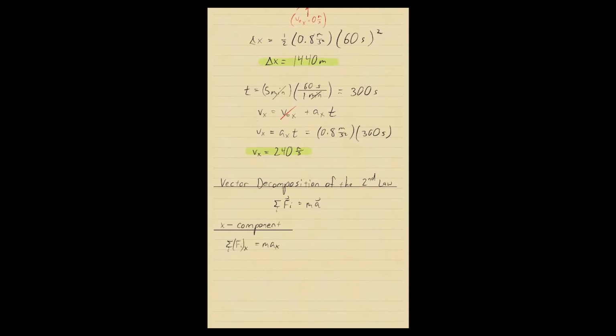On the left-hand side, this is just the x components for all of our vectors. And for the y component version of Newton's second law, if you've guessed that you just add up all the y components, and that's equal to the mass times the net acceleration in the y direction, then you'd be spot on.